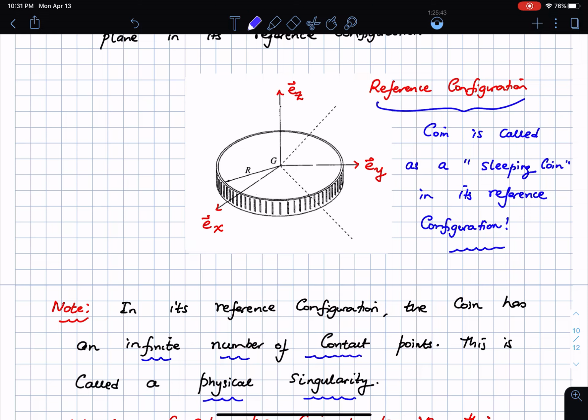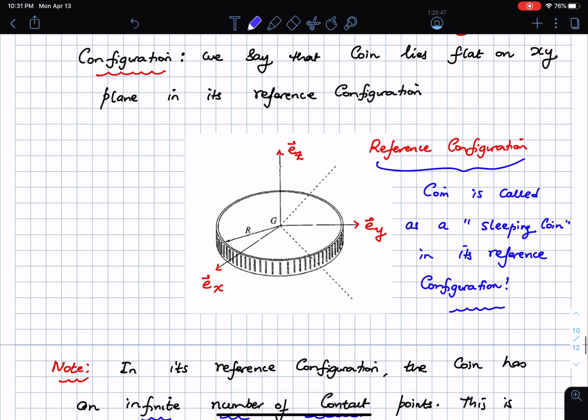And the basic idea is it's sleeping because the entire coin is lying flat on the XY plane. Okay, that's why it's called a sleeping coin.